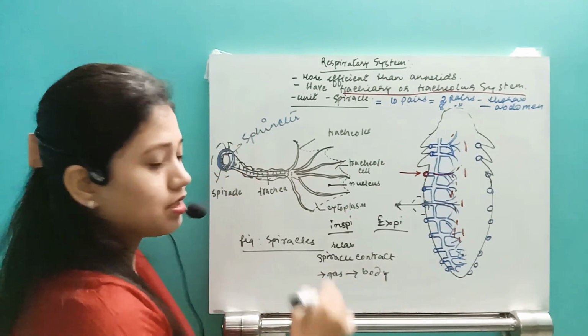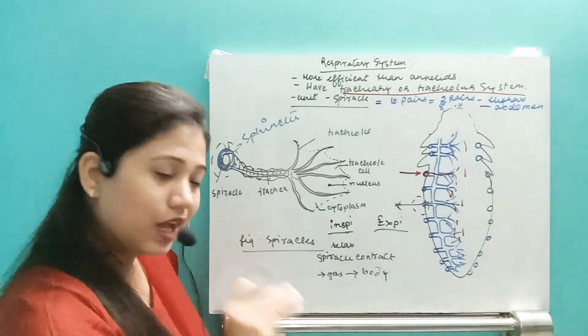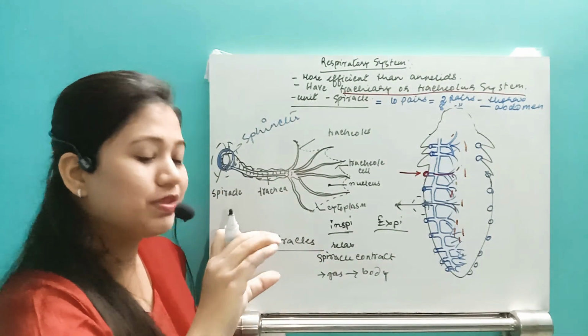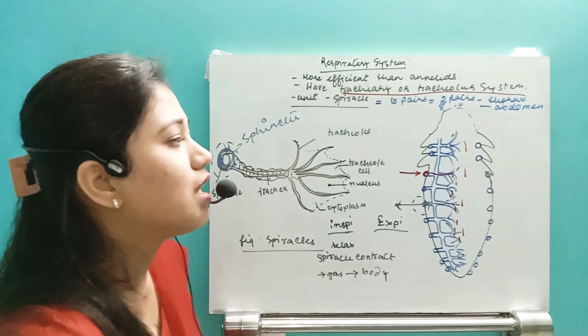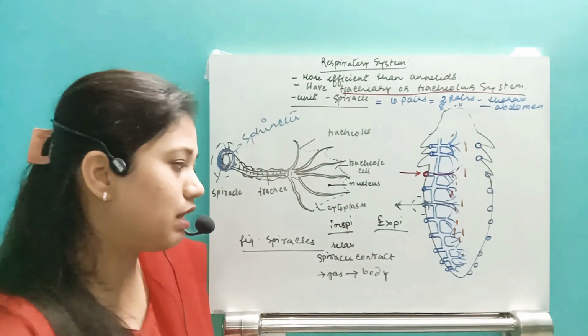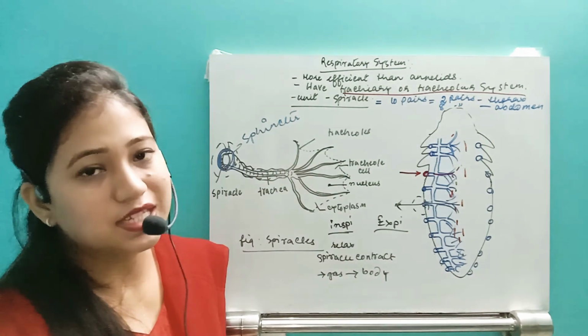And this whole lateral surface of the body will contract, and the spiracle will actually dilate, so that the gas with carbon dioxide produced by the tissues will be removed outside their body. So this way respiration is completed.